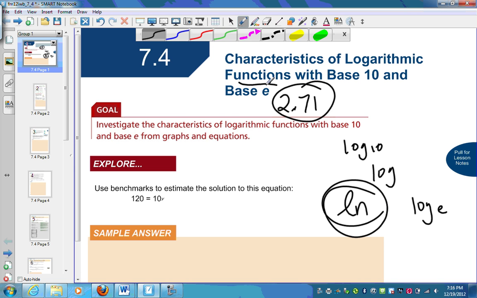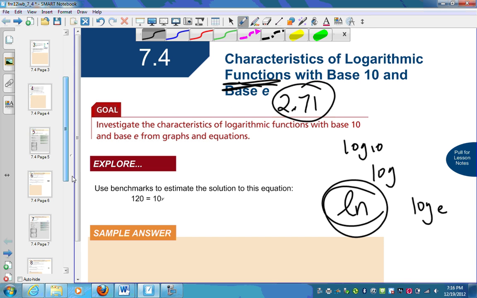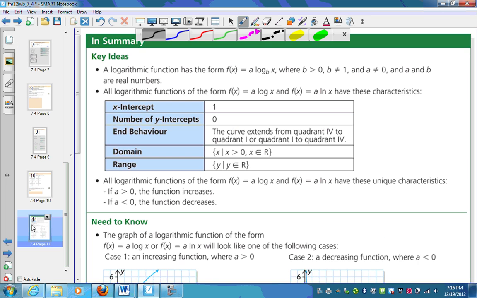We're going to look at the characteristics of those functions. So I'm going to skip ahead to the key ideas down here. All logarithmic functions have the form f of x equals a log base b of x, where b is greater than 0 and is not 1, and a is not 0, and they are real numbers.